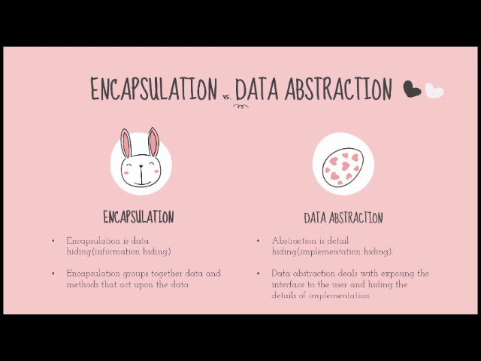Encapsulation groups together data and methods that act upon the data. Abstraction deals with exposing the interface to the user and hiding the details of the implementation.